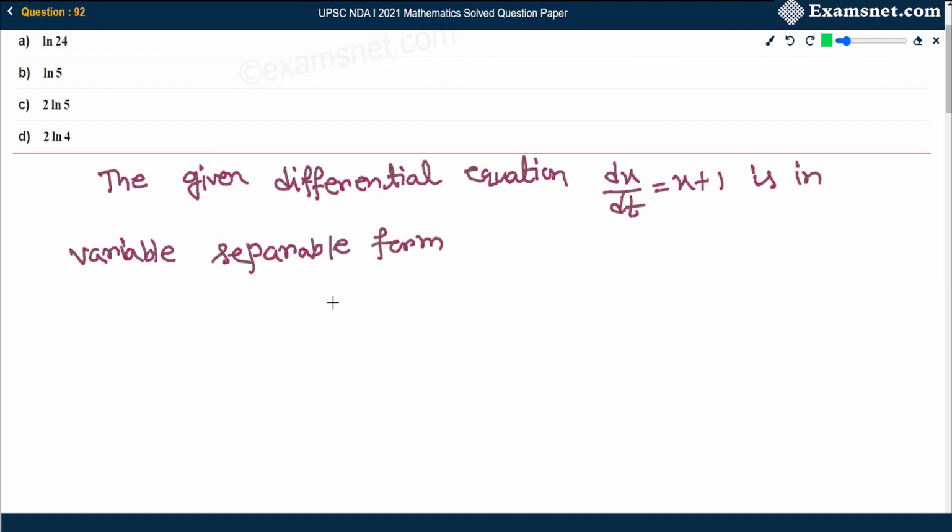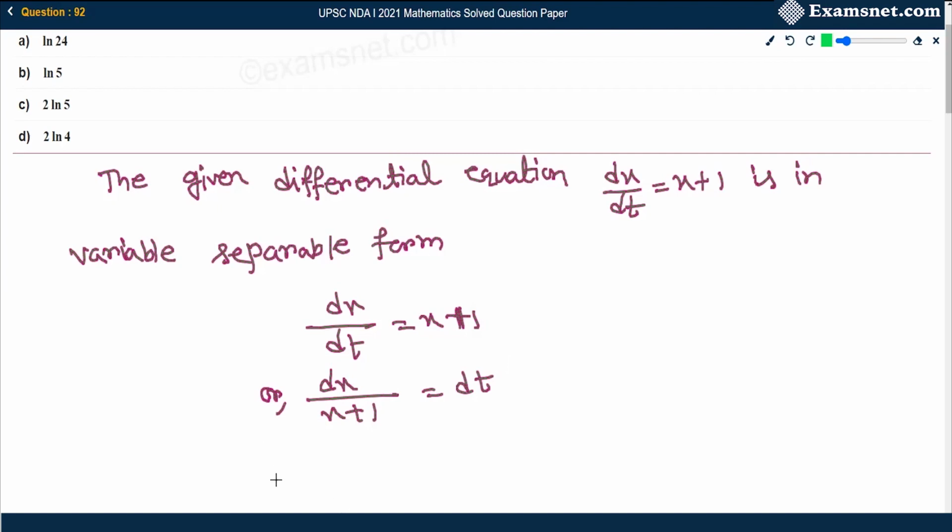Variable separable form. Now look at the equation. There are two variables x and t. Why is it being called variable separable form? Look here, I can easily separate these two variables to two different sides: dx by x plus 1 equals dt.